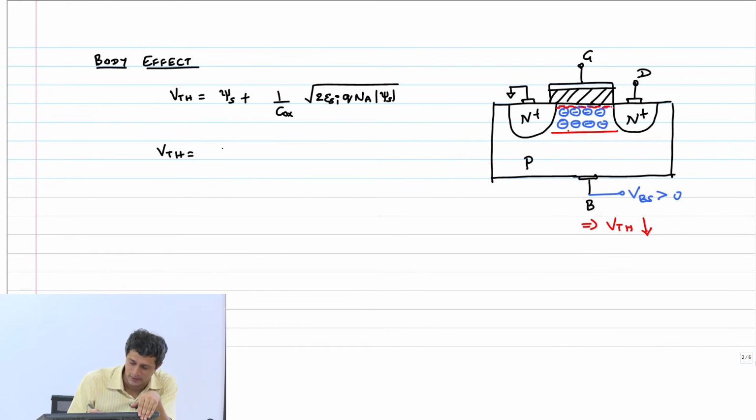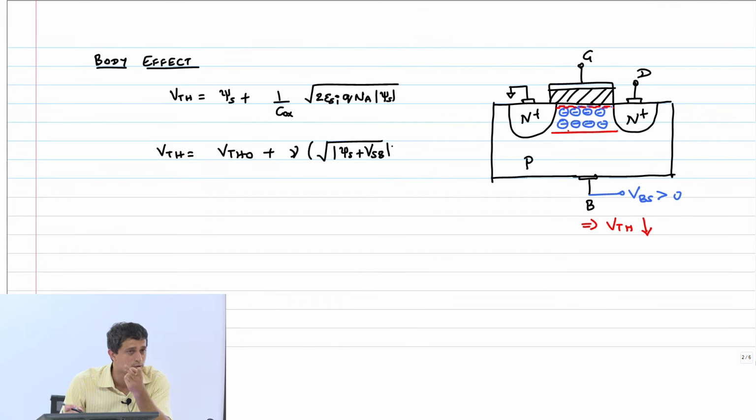VTH is basically VTH naught, I'll tell you what VTH naught is, plus some term into root of mod of psi s plus VSB. Note that I am reversing the term, it's not VBS, now I am saying VSB, minus root of mod psi s.